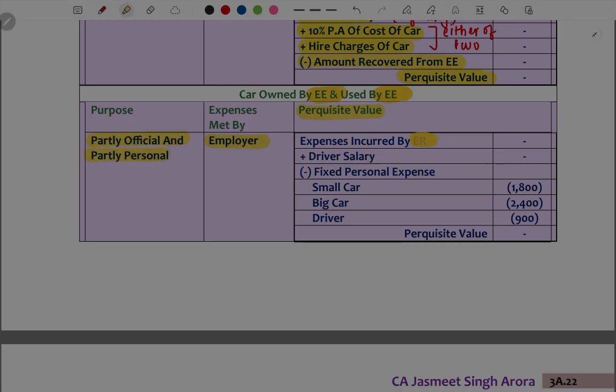The expenses incurred by the employer would be driver salary, minus fixed personal expense, or I could say deemed official expense.